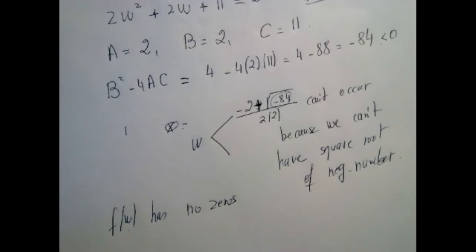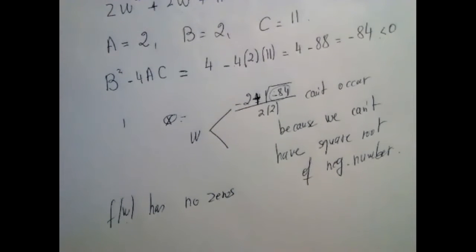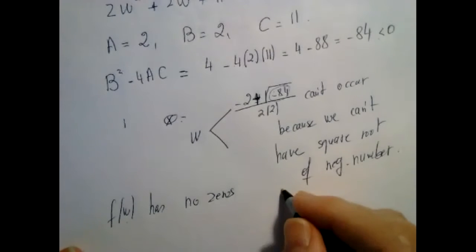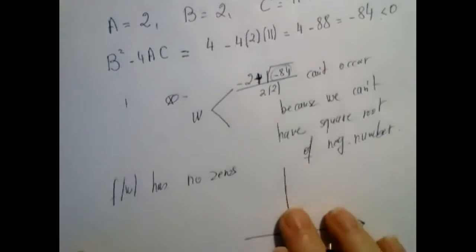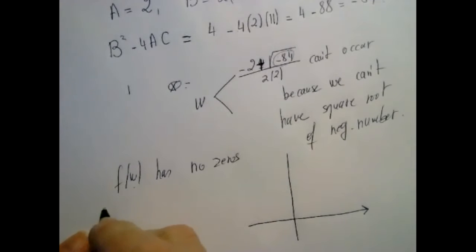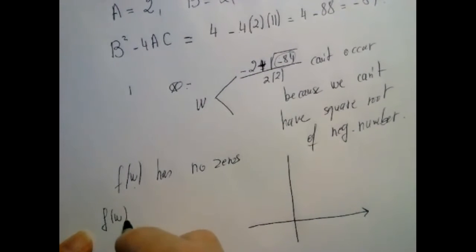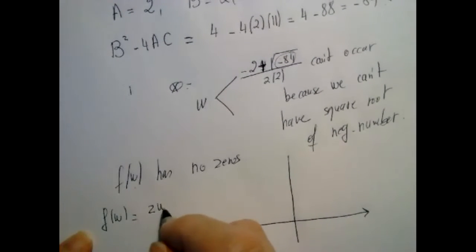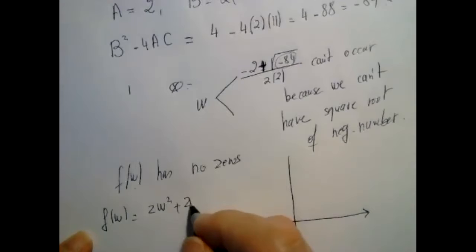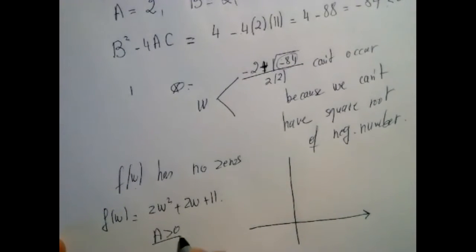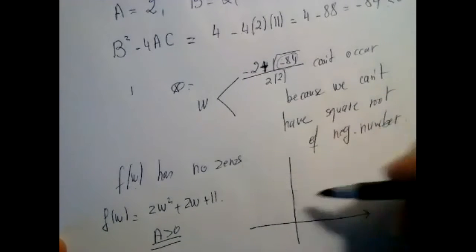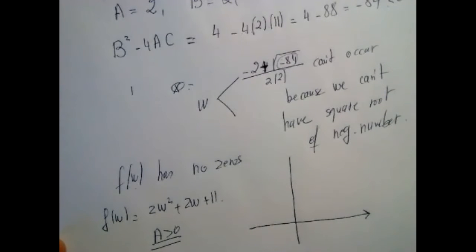Okay, and let me talk a little bit about the graph, what's happening graphically so you will understand the picture. f of w is a quadratic function. The A is positive, it means that it's a parabola going up.